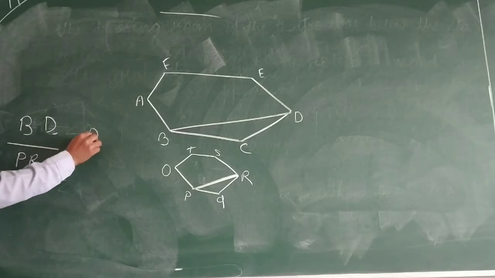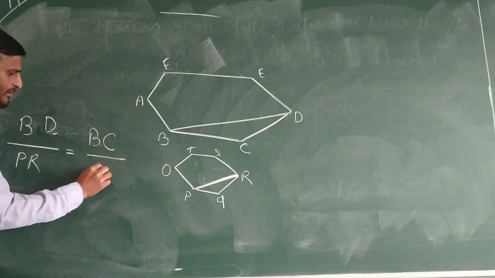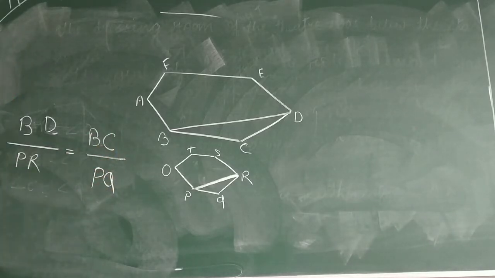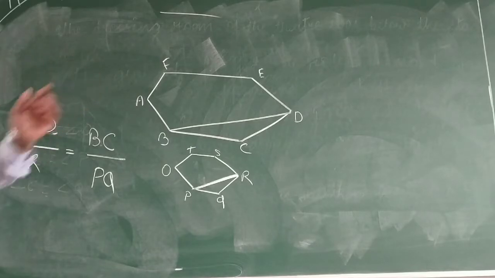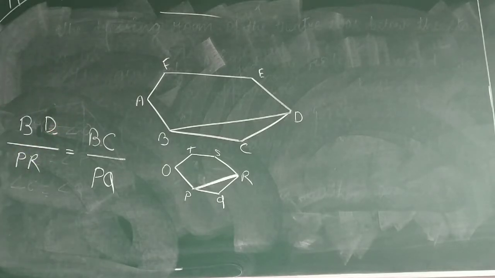Suppose you take BC by PQ, it will be equal. That means it is enlarged in a particular ratio, correct? Then we can say that, in the first observation, these types of figures are similar.